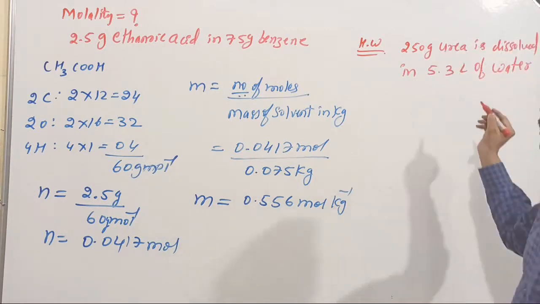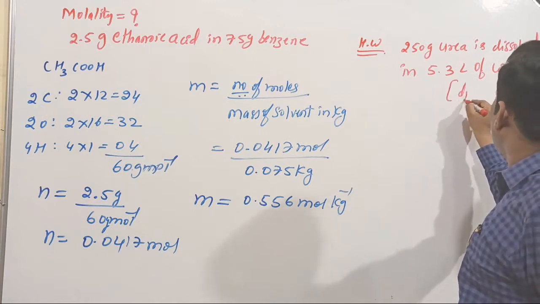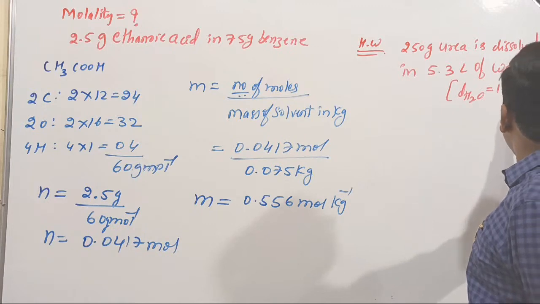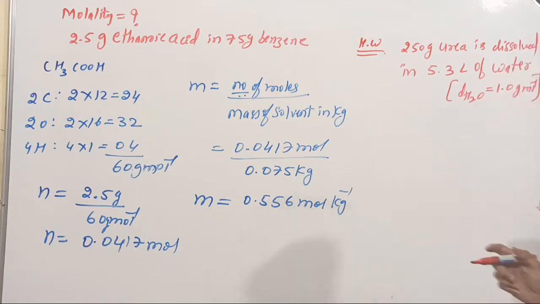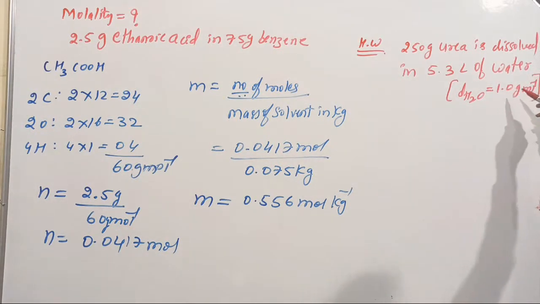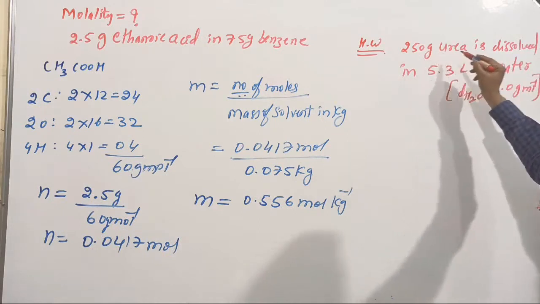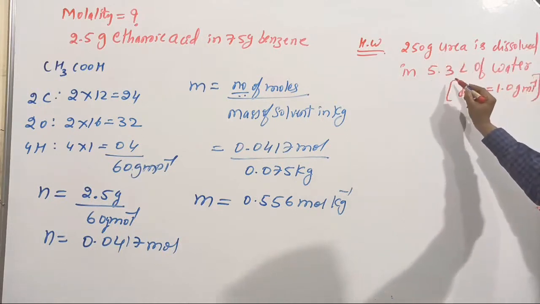I have to give one more data point, that is the density of water. Density of water is 1 gram per ml. So this is homework. The mass of the urea is 250 grams, dissolved in 5.3 liters.